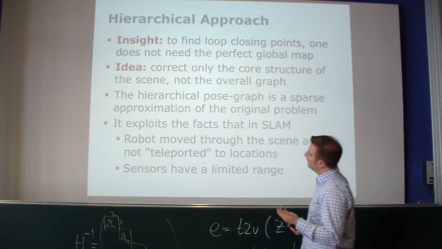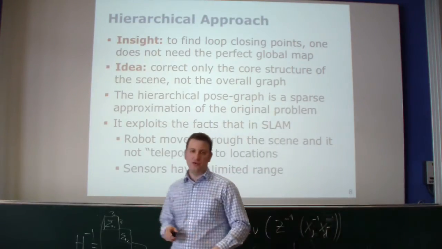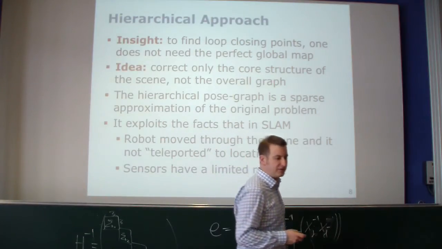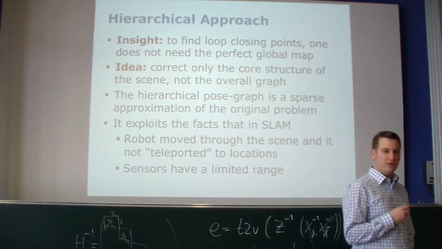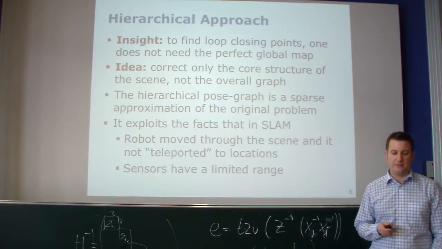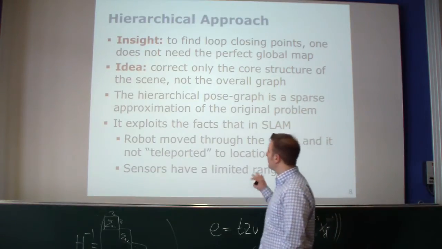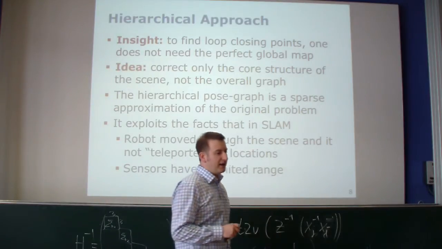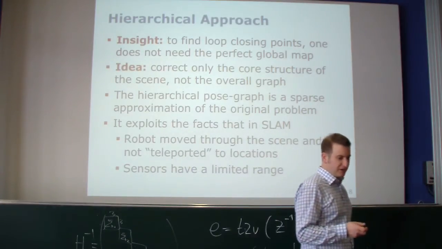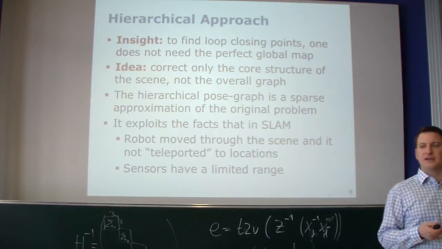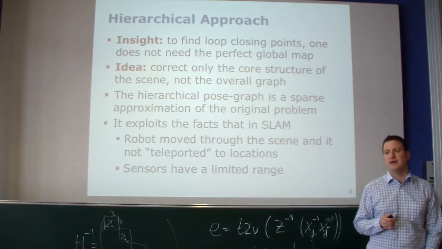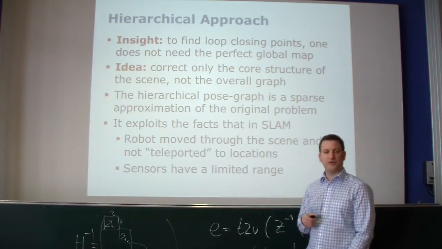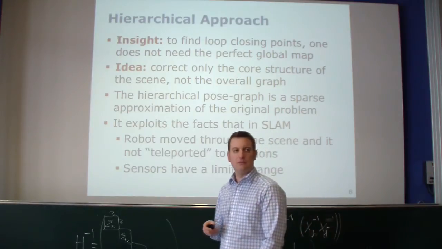So the key insight and motivation here is that we don't need the perfect map to make our data associations, not the perfect global map. We are interested in only correcting the rough scene and maybe the local surrounding in a more accurate way. And therefore we build up this hierarchical pose graph. You can see this hierarchical pose graph as an approximation of the original problem.